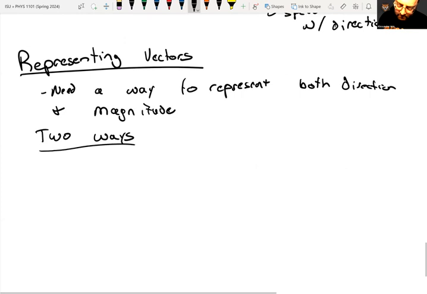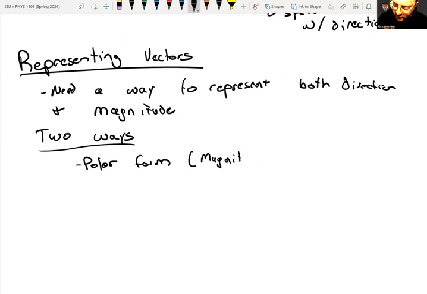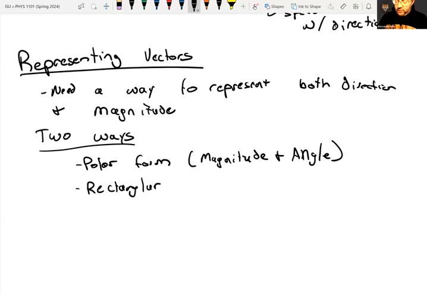What we call a polar form, and in a polar form, this consists of a magnitude and an angle. And then a rectangular form. When we're talking about rectangular form, what we're doing there is representing X and Y components.